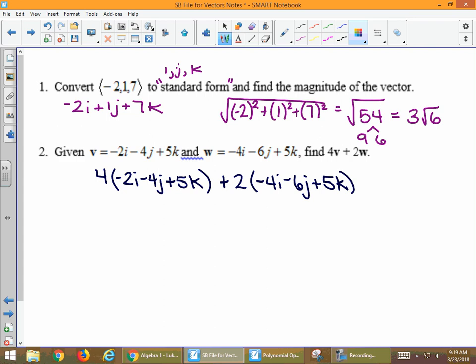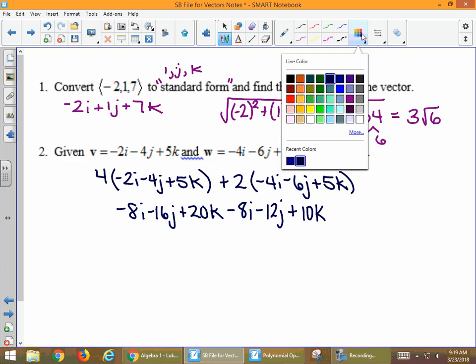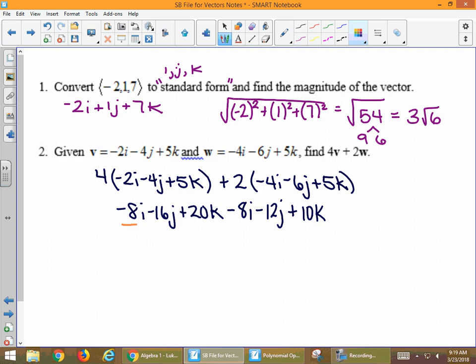Distribute, distribute, combine like terms. I'm going to treat this like a polynomial that I have to add.